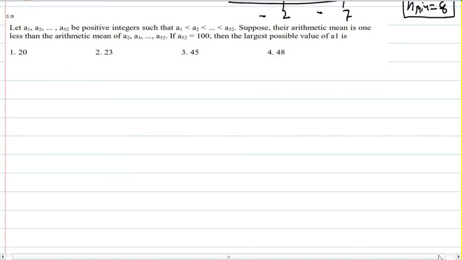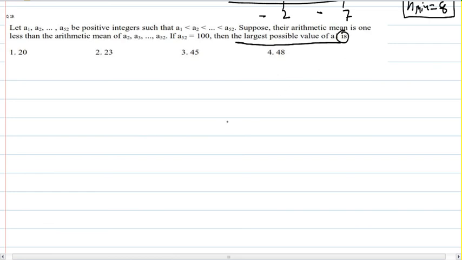Suppose that the arithmetic mean of a1 up to a52 is 1 less than the arithmetic mean of a2, a3 and up to a52. Alright. If a52 is equal to 100, then the largest possible value of a1 is.